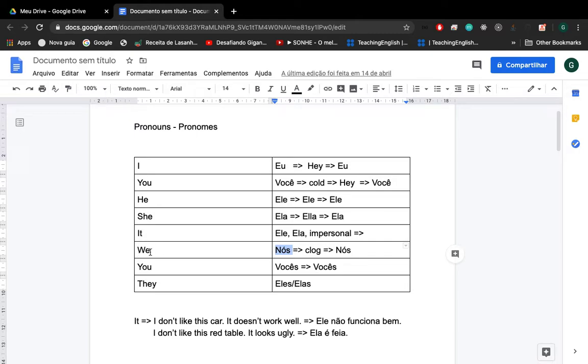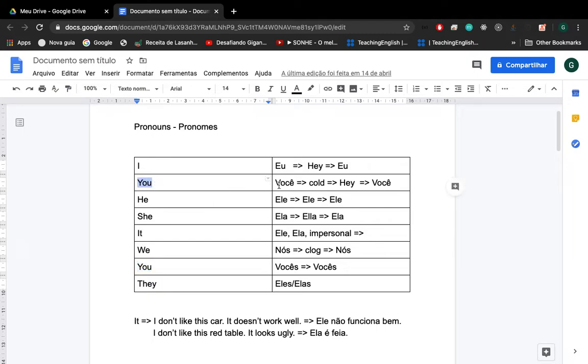So we, nós. You also use you to refer to two or more people when you are talking to them directly, and it's the same word you use for a single person in English. In Portuguese, we have this distinction.